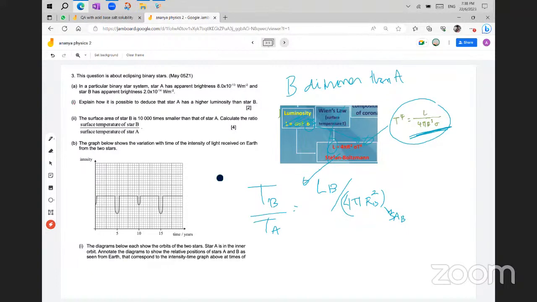So now this is the surface area of B, and then there's also a sigma here. Since I'm lazy, I'm going to put my power 4 here first. I don't think the power 4 will give me much problem later. Now I have the L of A, and then I have 4 pi RA squared, which is the surface area of A, and then this will be the Stefan-Boltzmann constant.